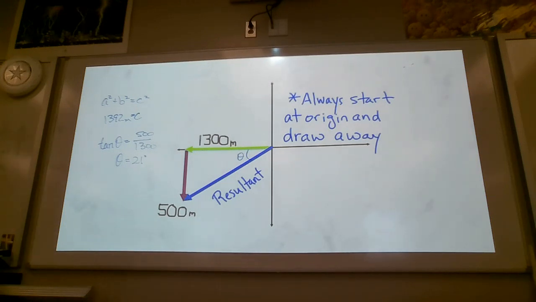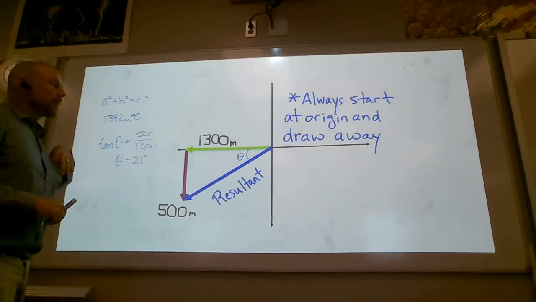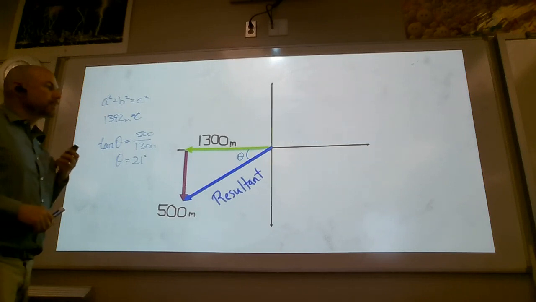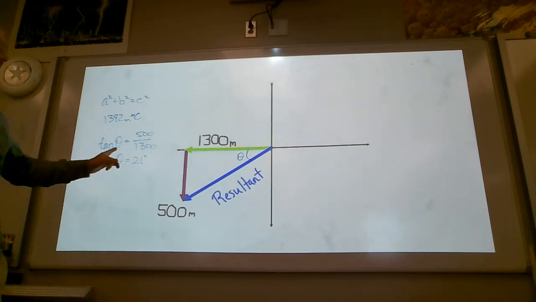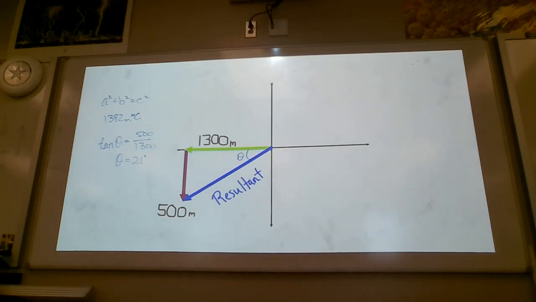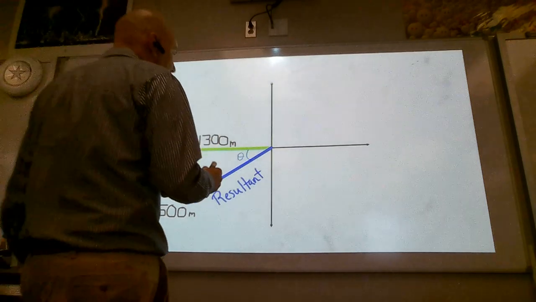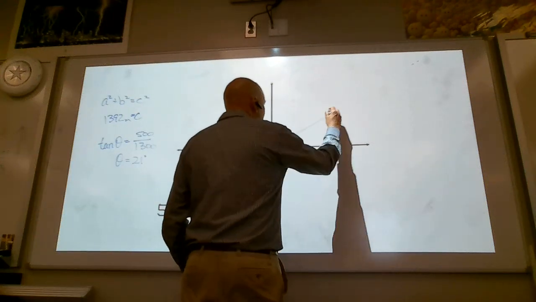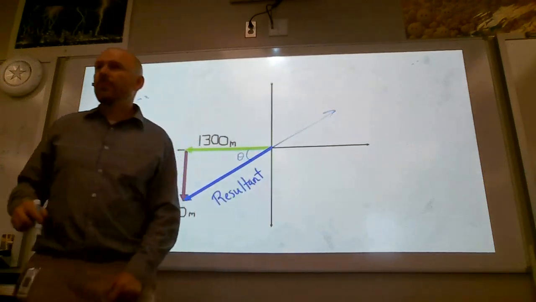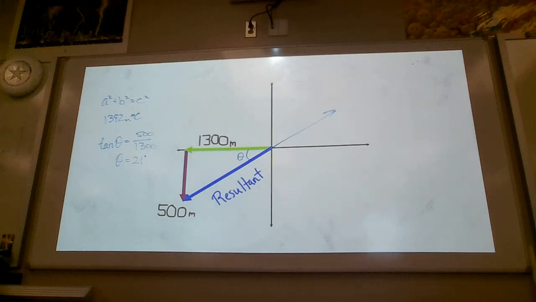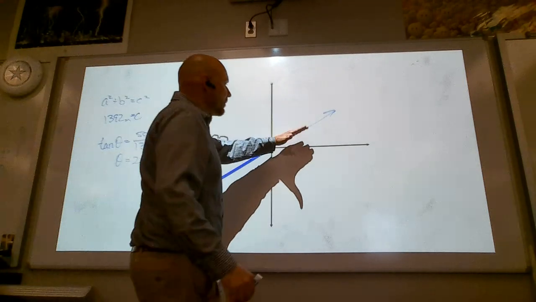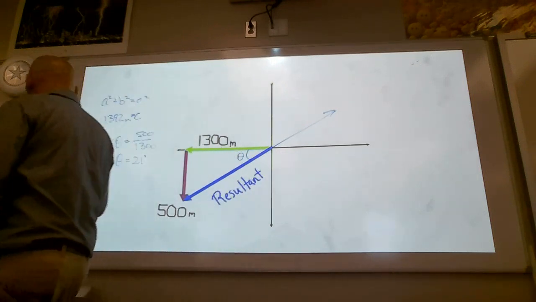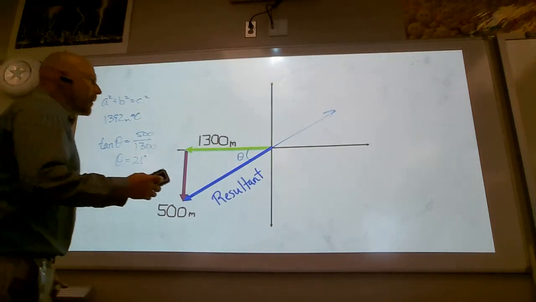Okay. Now, if I told you to go 1,392 meters at 21 degrees, hopefully all of you would be like, all right. And then you'd start walking that way. Right? Because you start at 0 degrees at the x-axis. So like, oh, wait.